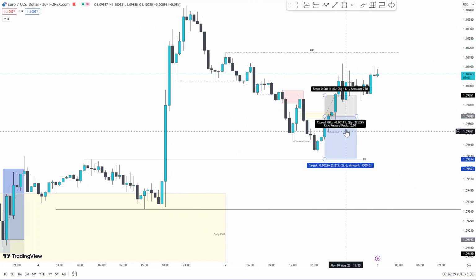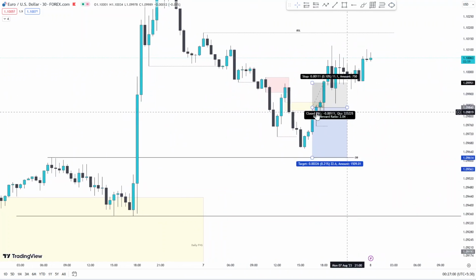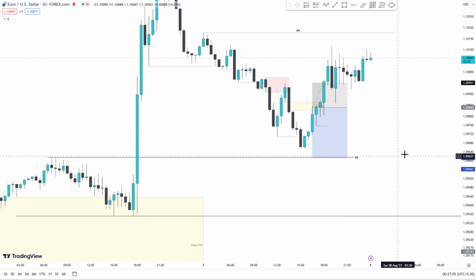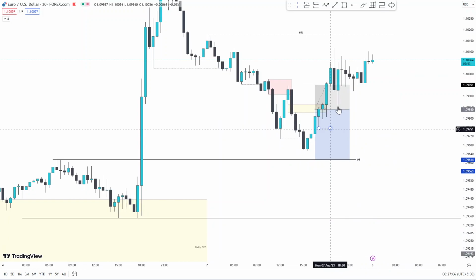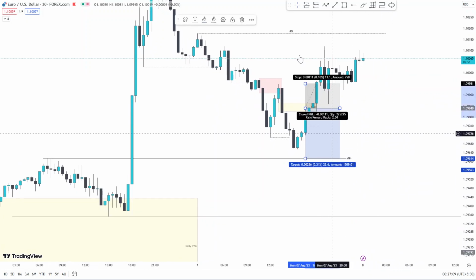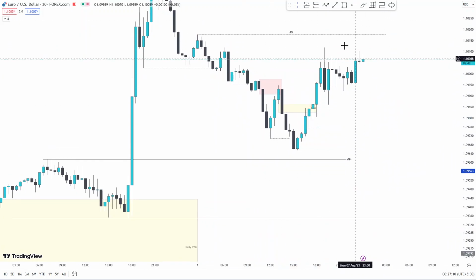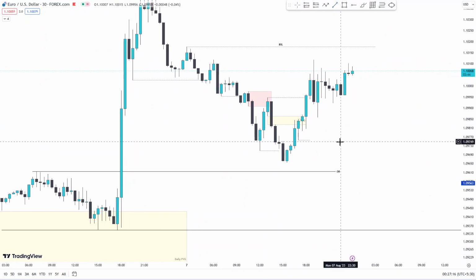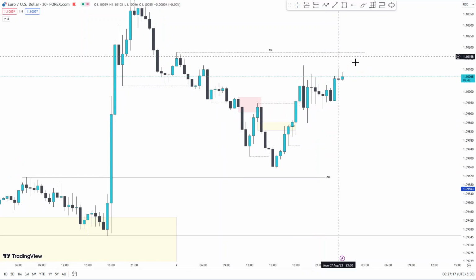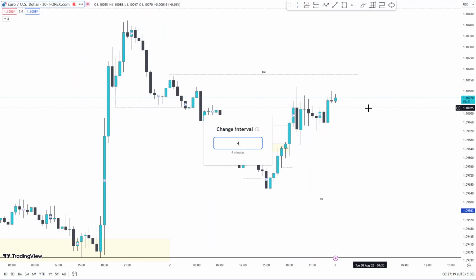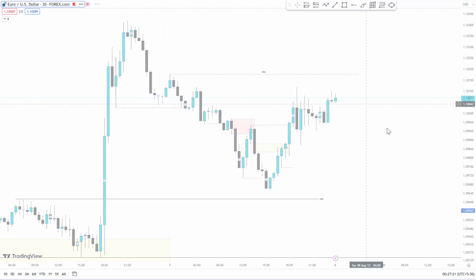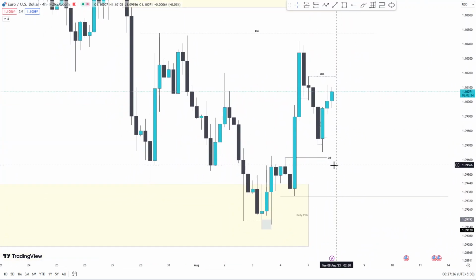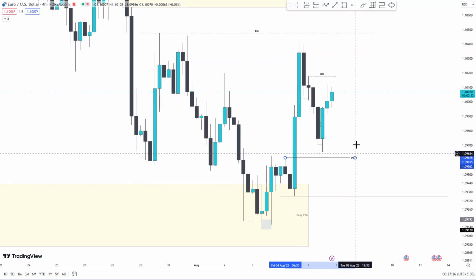So yeah, I got an SL here by thinking price should mitigate this order block, and it didn't work. Price gave a confirmation here, and now what my view will be in 4 hour: this order block is still intact, guys.